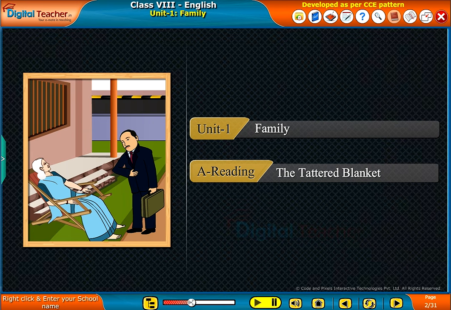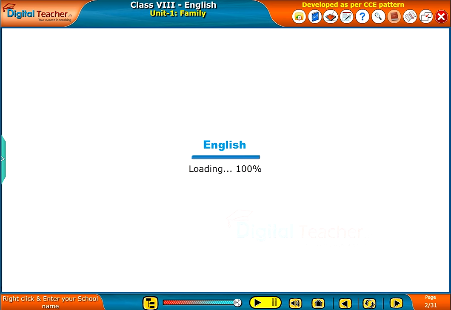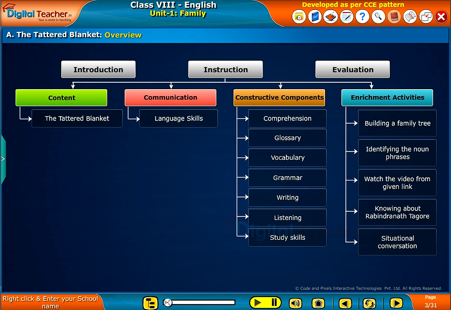Welcome to the reading section, The Tattered Blanket of the Unit Family. Overview. Let us have a look at the overview. The overview slide consists of three sections, namely Introduction, Instruction, and Evaluation.